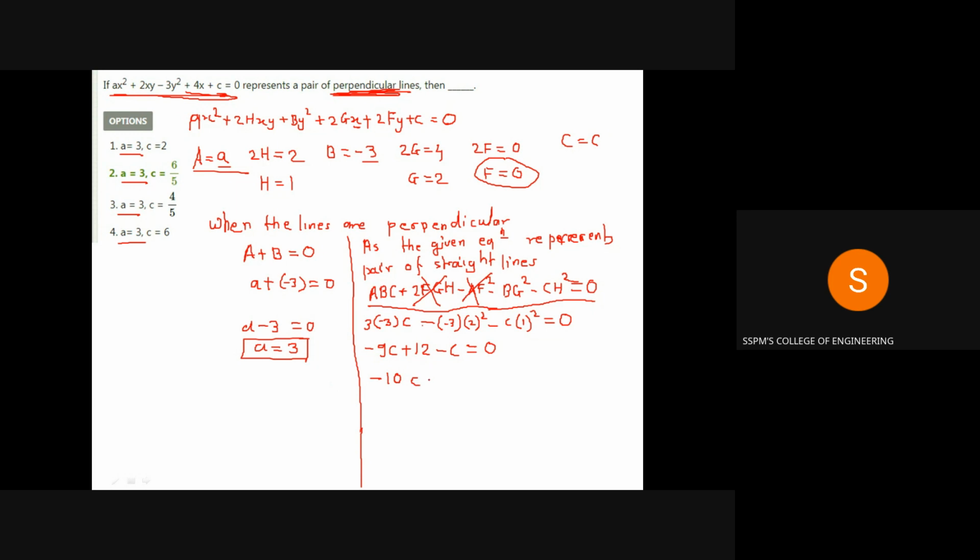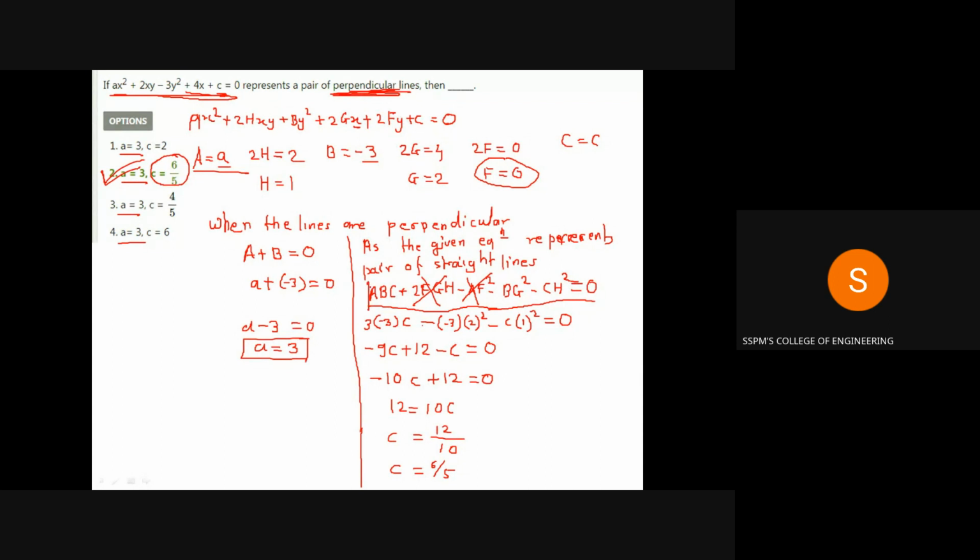Minus 10c plus 12 is equal to 0, that is 12 is equal to 10c, so c is 12 divided by 10, that is 1.2 or 6 divided by 5. So the second option is the correct option.